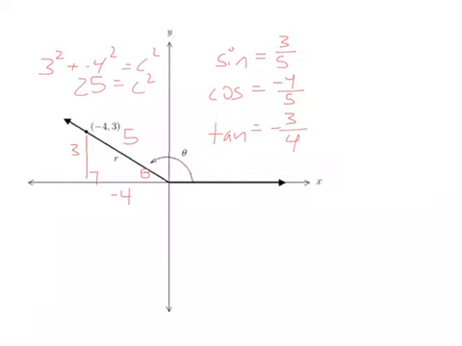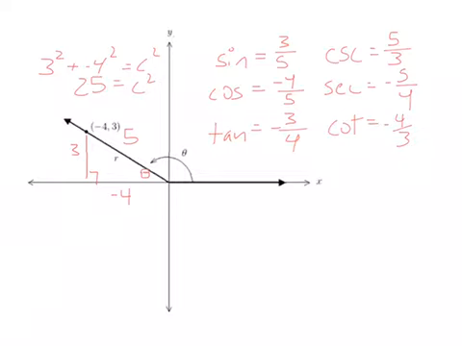And then our reciprocal ratios, cosecant, just flip the fraction, secant, flip the fraction, and cotangent, flip the fraction. And we're done.